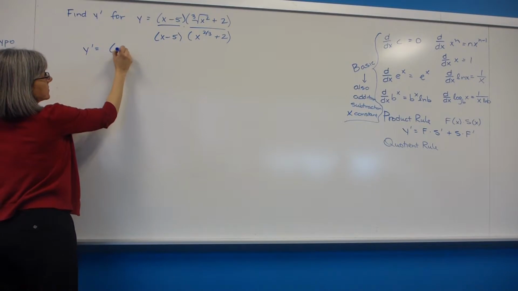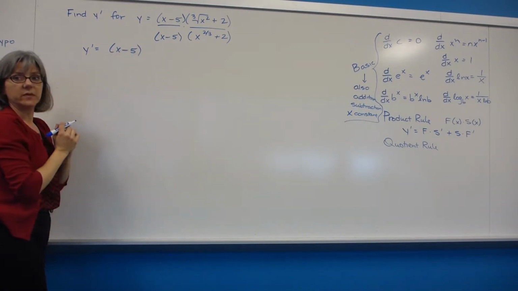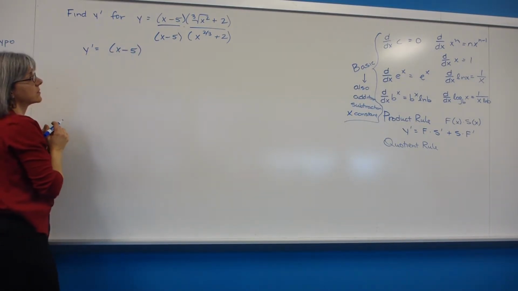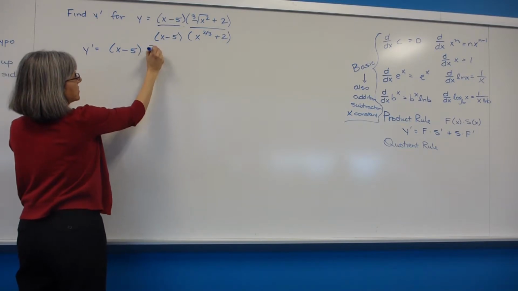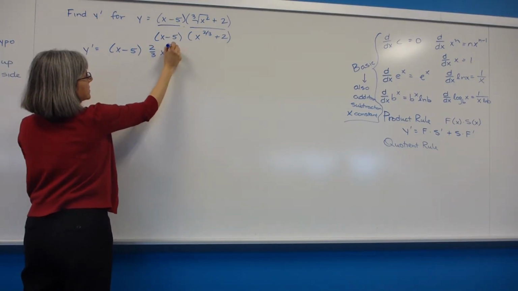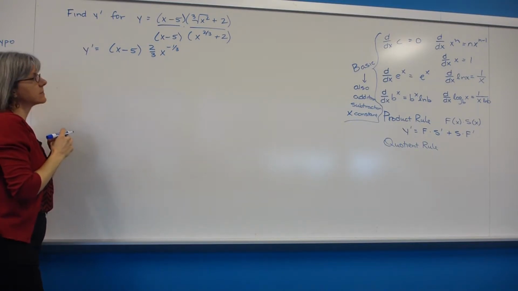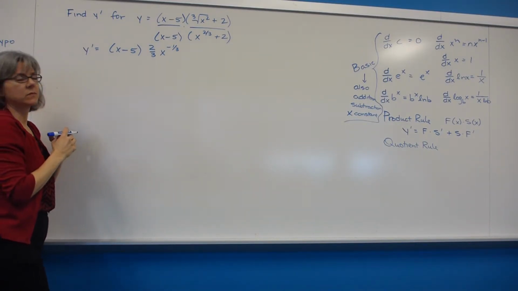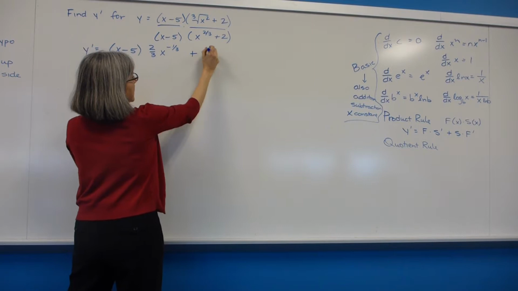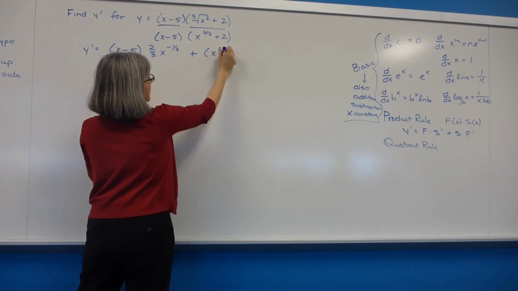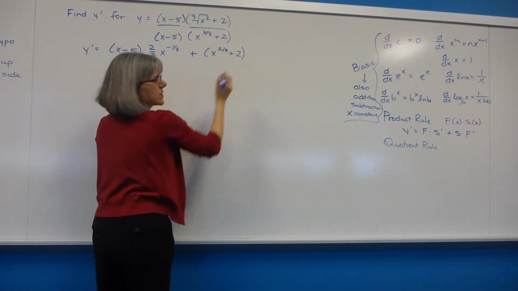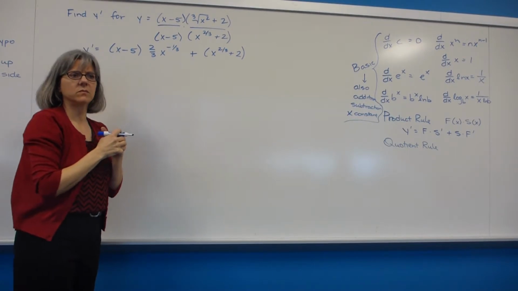So first times the derivative of the second. What is the derivative of the second? That'll be 2/3 x to the minus 1/3. So far, so good? Plus the second, x to the 2/3 plus 2. What's the derivative of the first? 1. Nice.